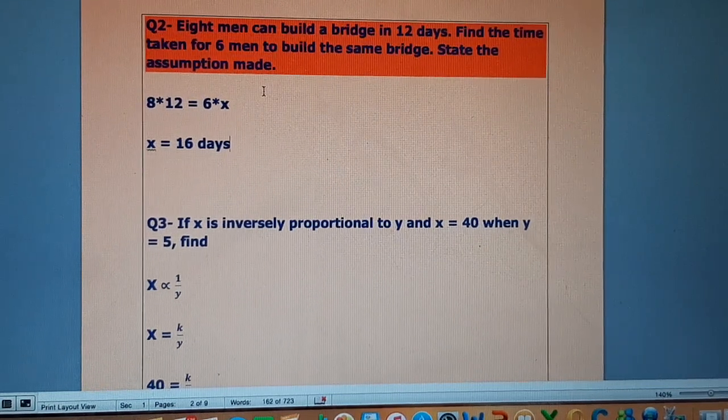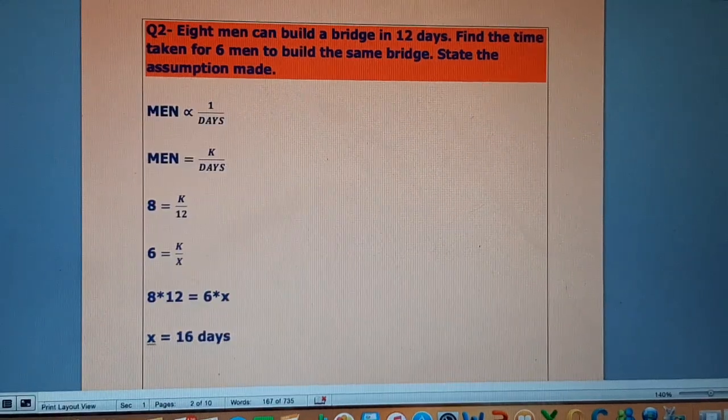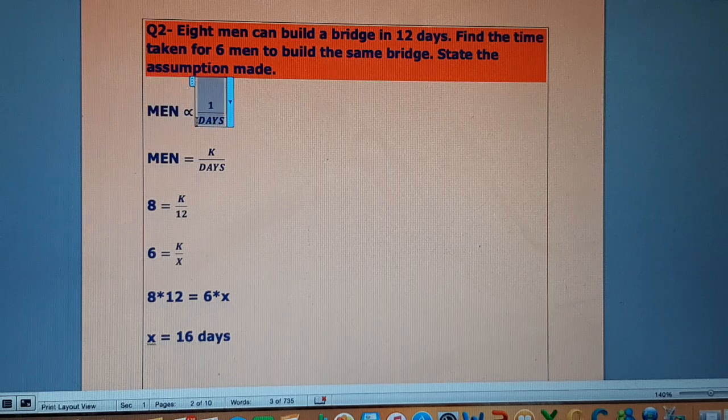Now, because this is a question related to inverse proportion, 8 men will take 12 days. So here men and days are inversely proportional. More men will take less time and fewer men will take more time.